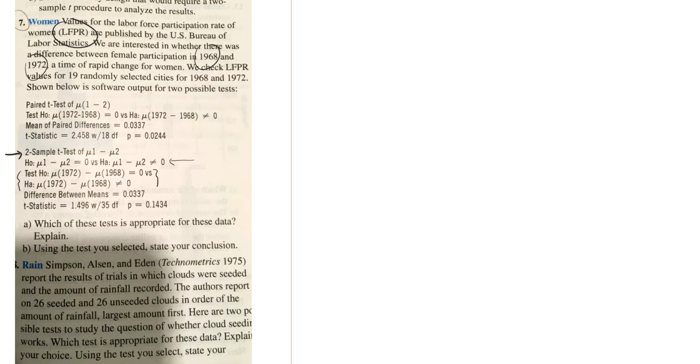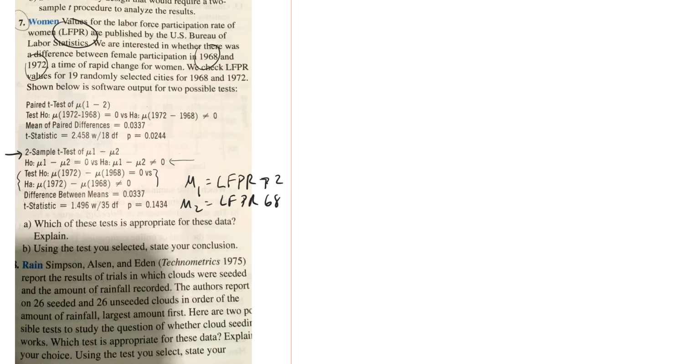So mu1 is the LFPR for 72, and mu2 is the LFPR in 68.